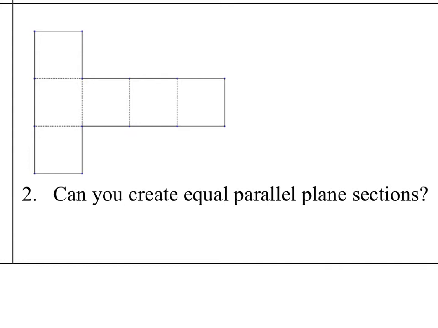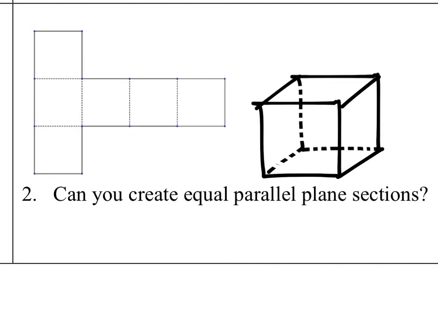Now this shape right here, if we folded this up, what shape would we get? This one, would it give us a cube? Yeah, sure. Right, very good. If we folded it, it would give us a cube. Just to clarify, if we really wanted to fold it, I could say that this is the bottom, which would be down right here. And then this would be maybe the right side, which is this one.